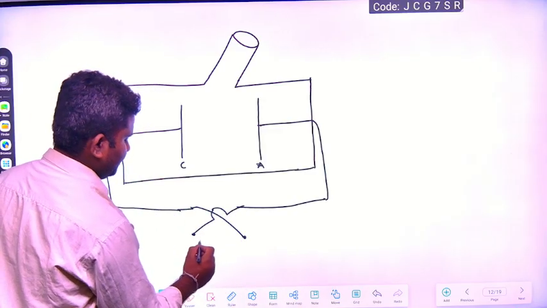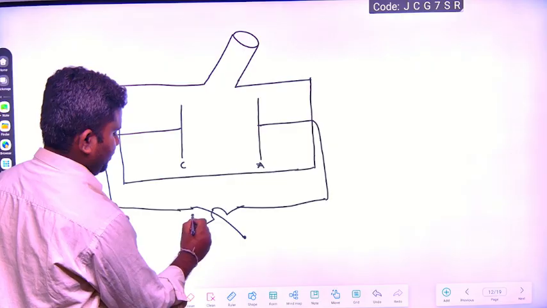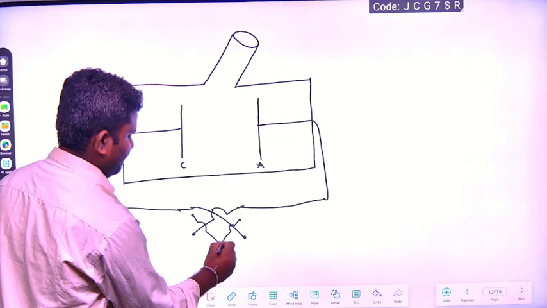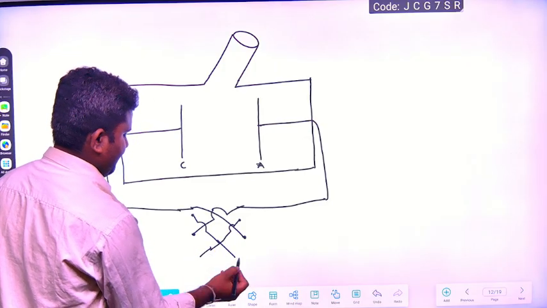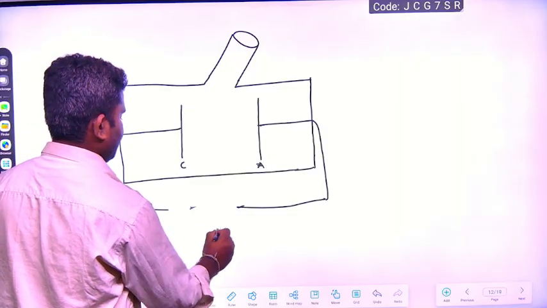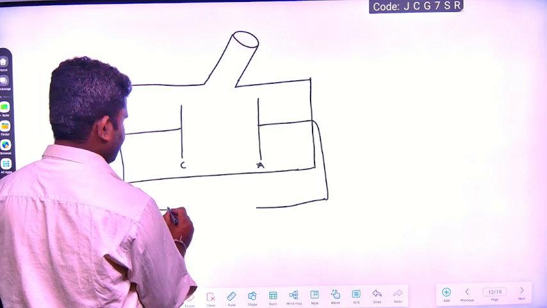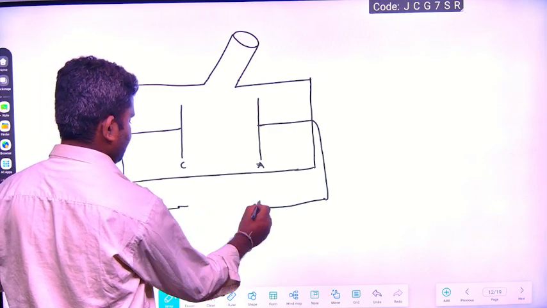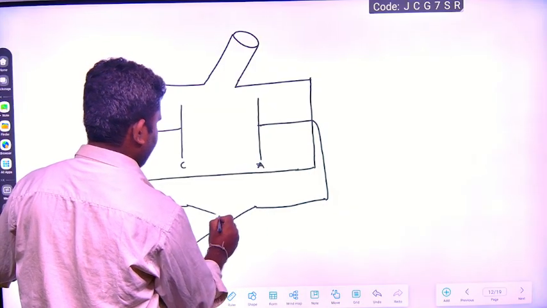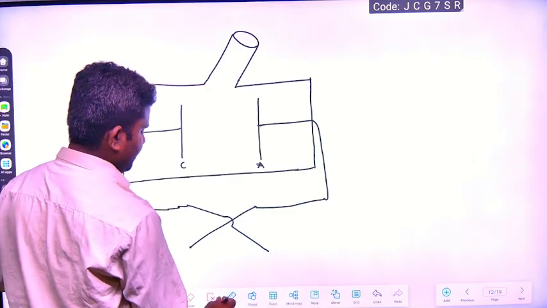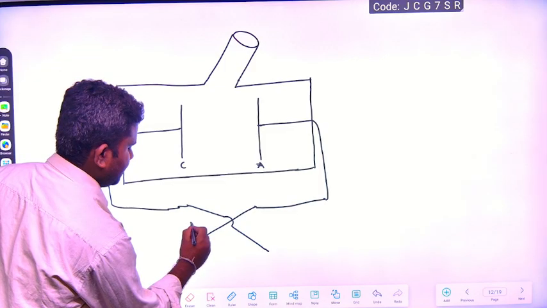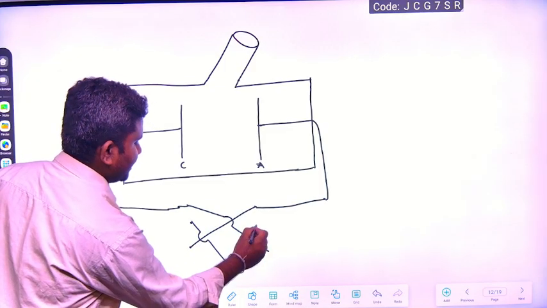Okay. Wait. Okay. Now here they connected again to a battery.